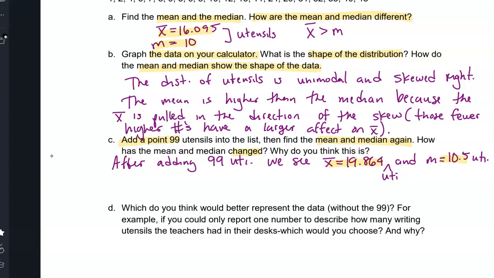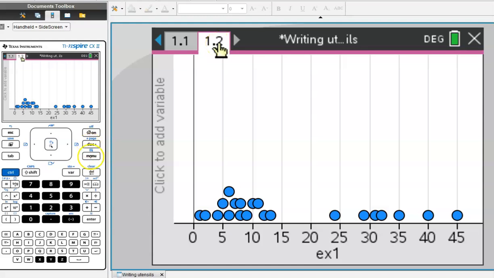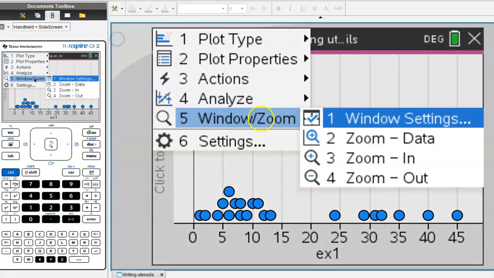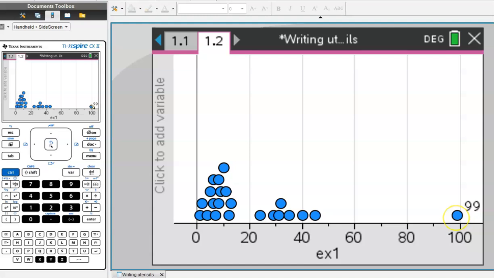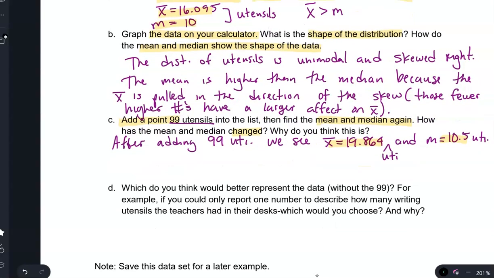And so notice that adding this one point here, which if we look at our graph and zoom out, so again, menu, window, zoom data, is very clearly an outlier. This is an unusual point. So if we add in an unusual point, our mean tends to be pulled in that direction even further than it was from the skew, pulled in the direction of that unusual point.